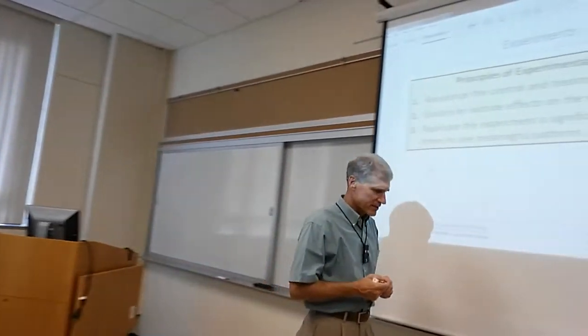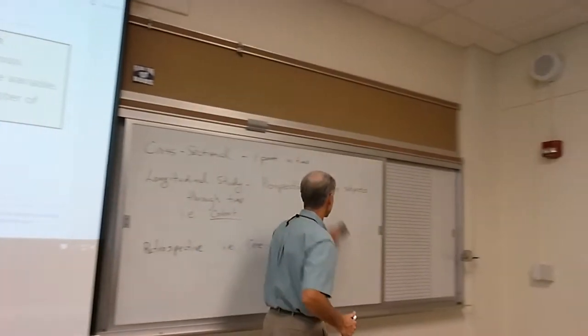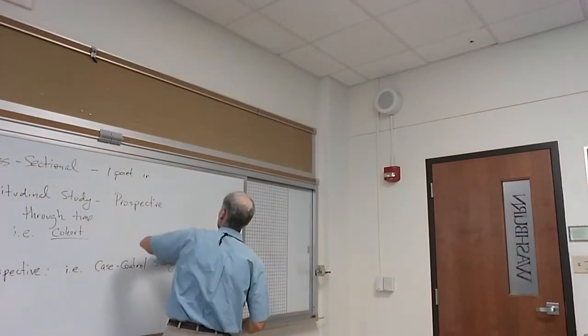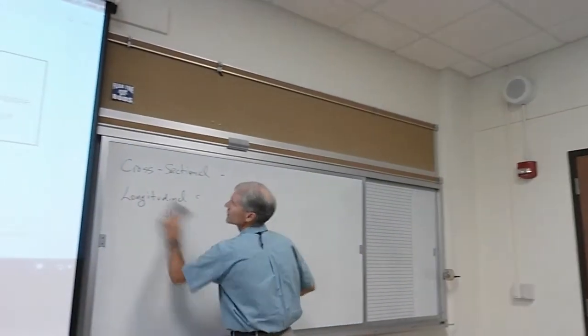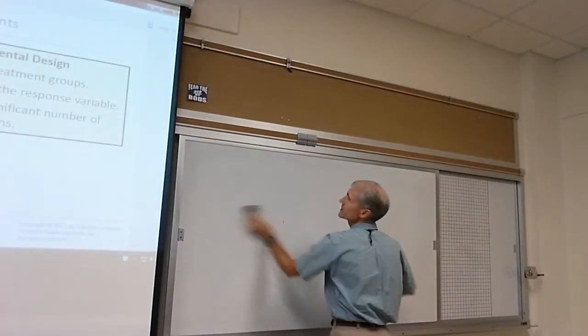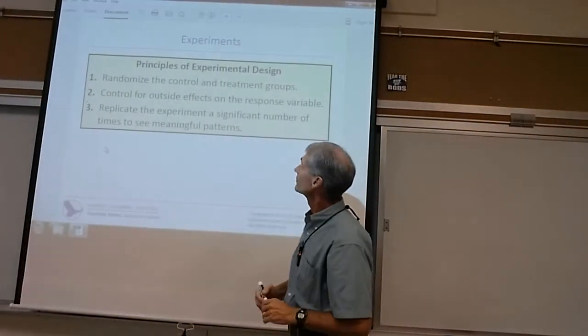Okay, so let's talk about how to design an experiment so that it is as valid as it can be. The first bullet up there says randomize the control and the treatment groups.